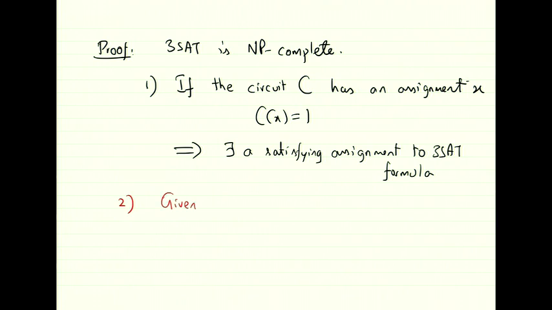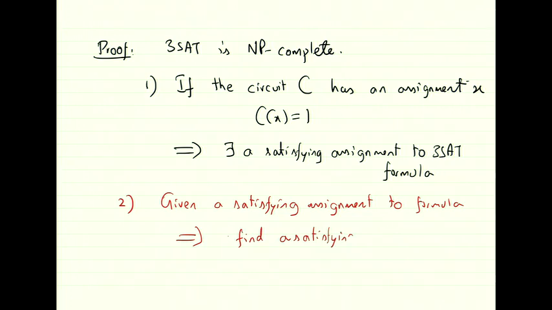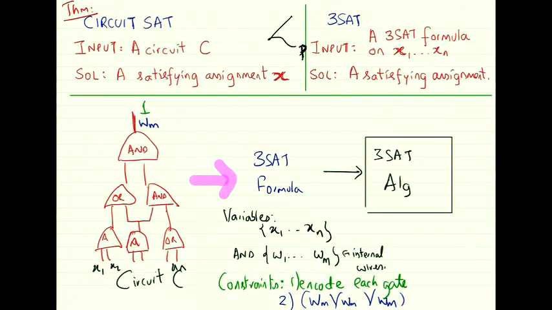Given a satisfying assignment to the formula, you want to say that we can find a satisfying assignment to the circuit. Well, that's easy because an assignment to the formula will have assignments to x's and w's. You just use the assignment to the x variables as your input to the circuit. Everything will be fine because the constraints really encode the gate-by-gate computation of the circuit. Okay, good. So that's the proof that 3-SAT is NP-complete.